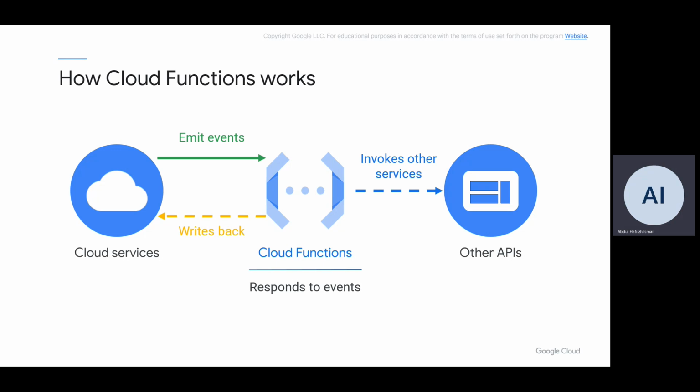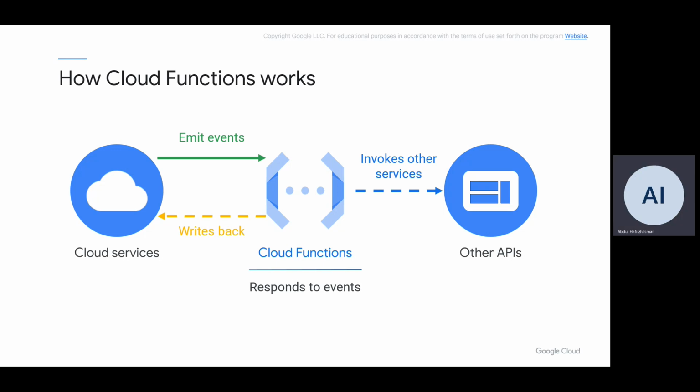Cloud Functions connects and extends cloud services with code, so you can treat them as building blocks and adjust them as your needs change. So you can also extend your application using a broad ecosystem of third-party services and APIs.